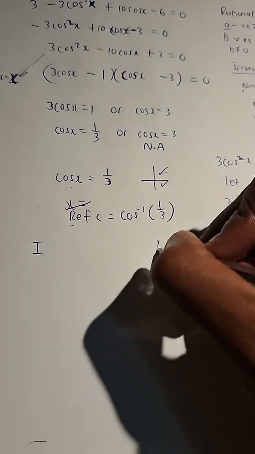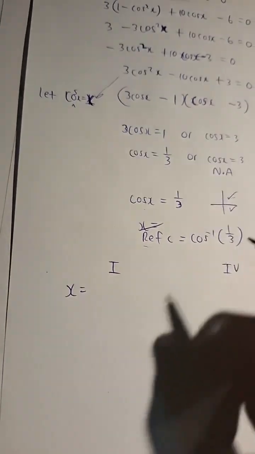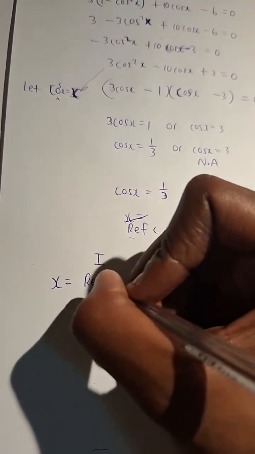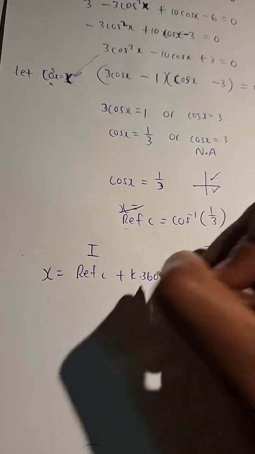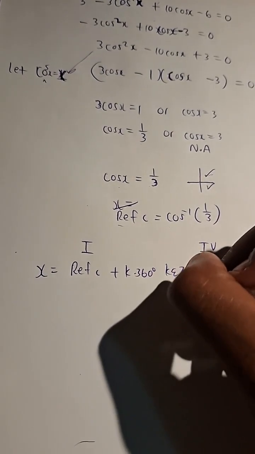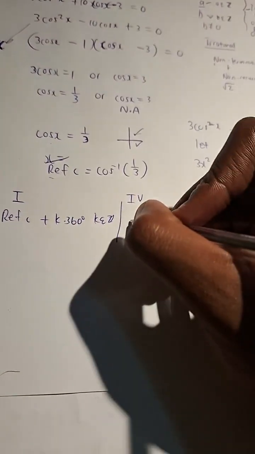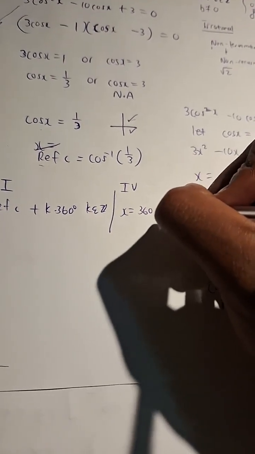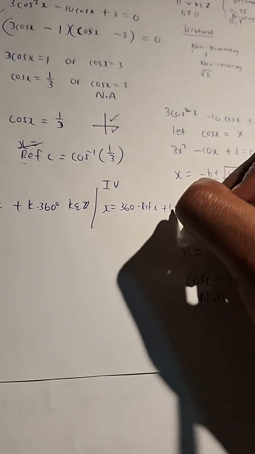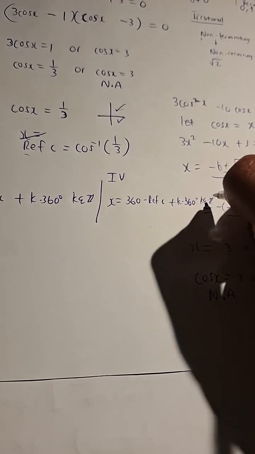So we're going to say x is equal to the reference angle in quadrant 1 plus k 360, where k is an element of integers. And then for quadrant 4, x is equal to 360 minus the reference angle plus k 360, where k is an element of integers.